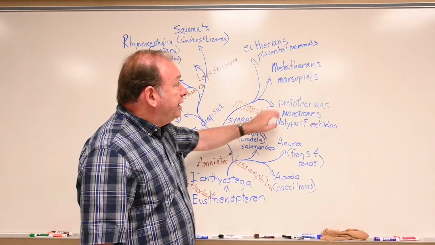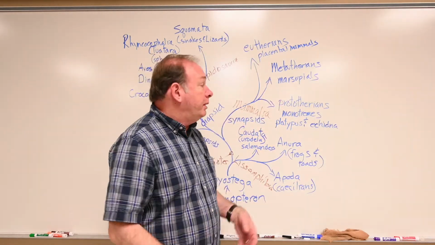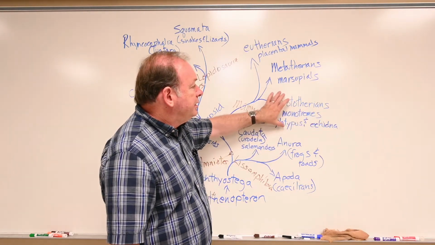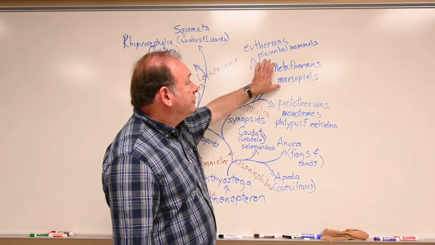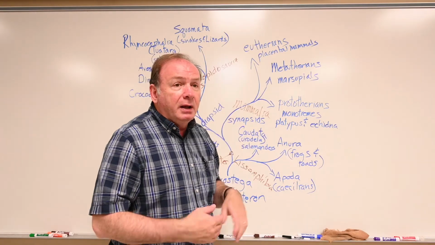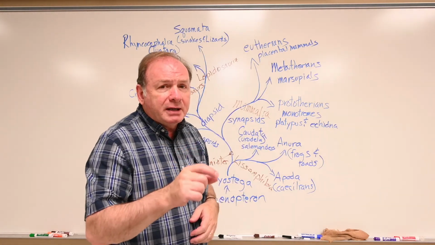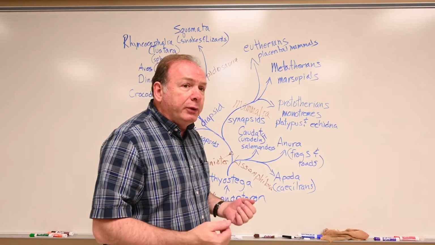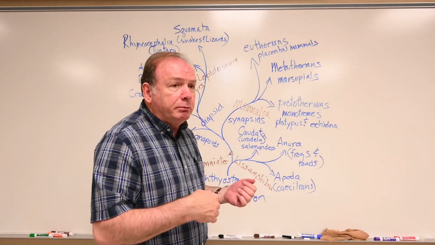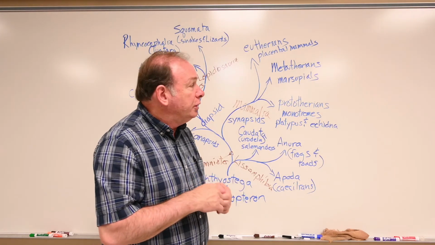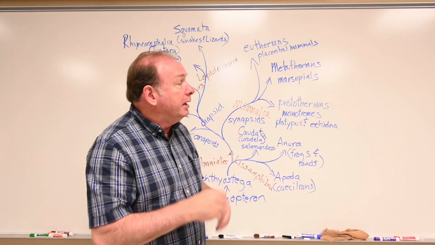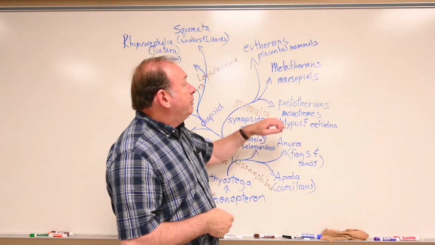So these three groups differ primarily in the way that they give birth. These are egg layers. They produce an egg, lay an egg. These are the prototherians. The next group up, metatherians, they give birth to a very, very tiny embryo that has to move across the mother's body to the pouch, to get into the pouch and attach to a nipple to start feeding and to develop in the mother's pouch.